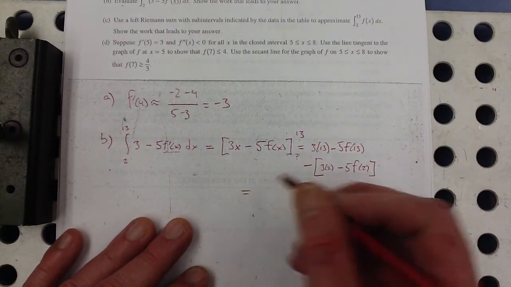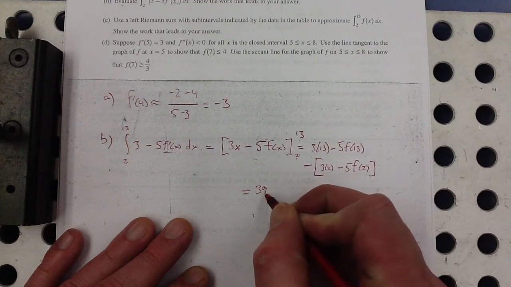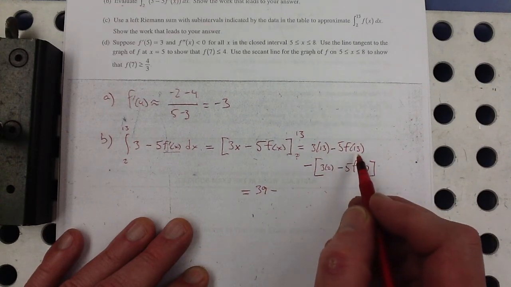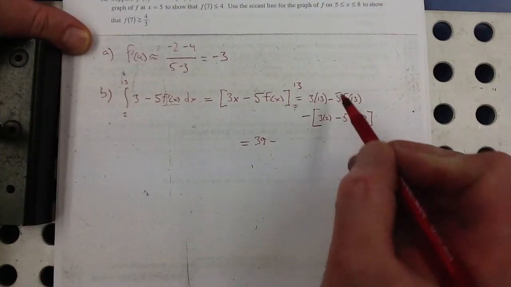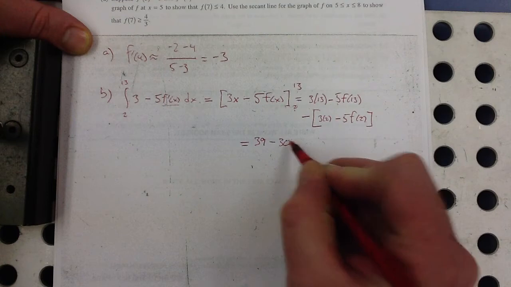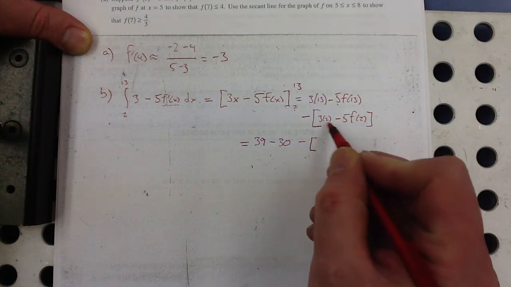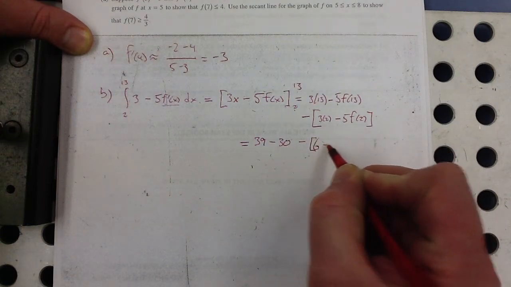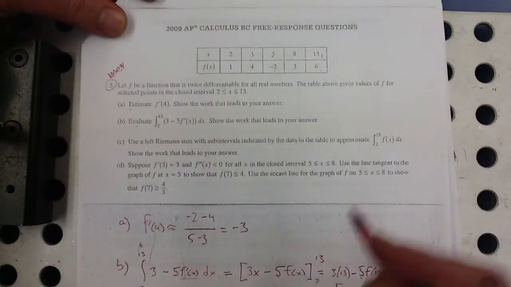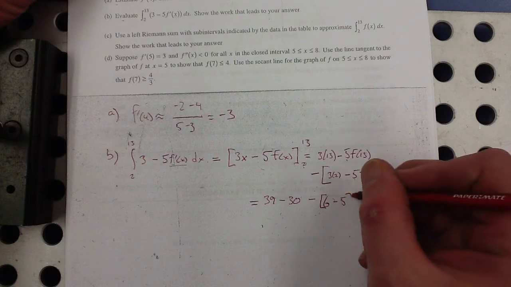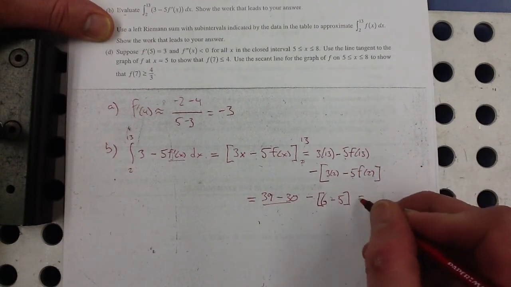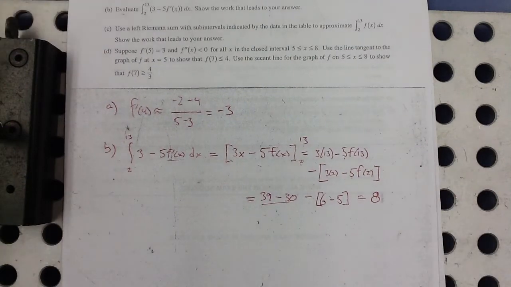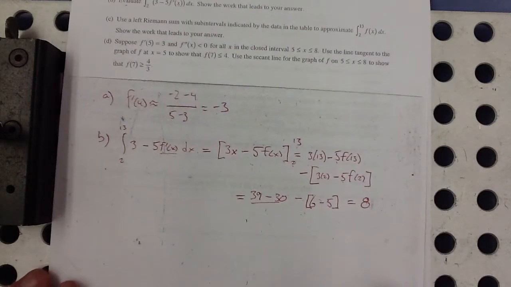So that's equal to 3 times 13 is 39 minus f of 13 is 6. So 5 times 6 is 30, minus 3 times 2 is 6 minus 5 times f of 2 is 1. That's just 5. So that looks like 9 minus 1, 8. Okay.